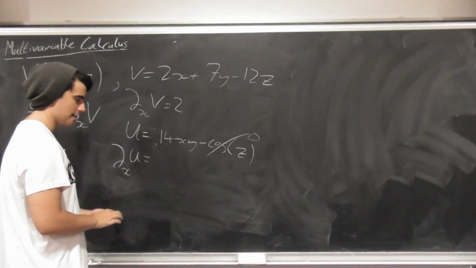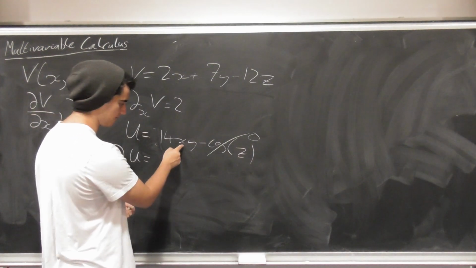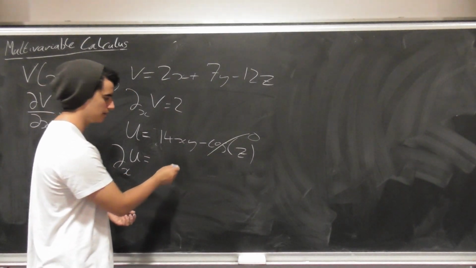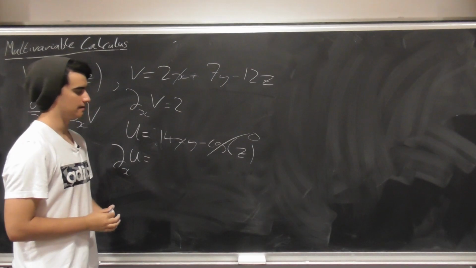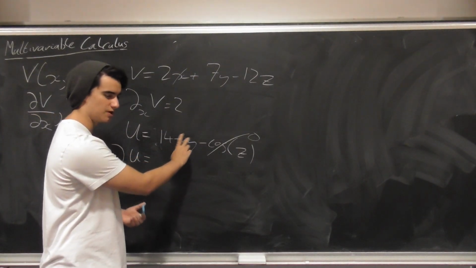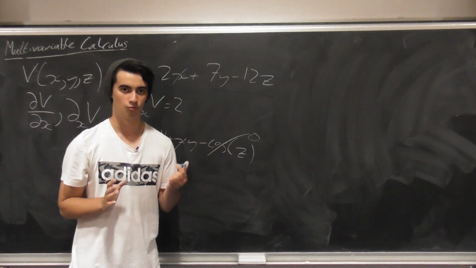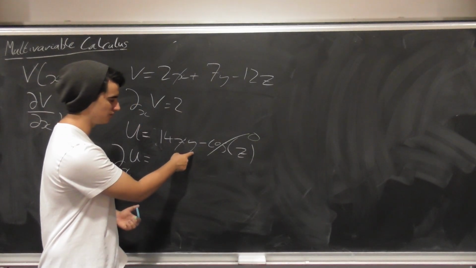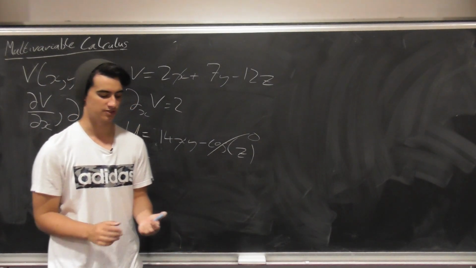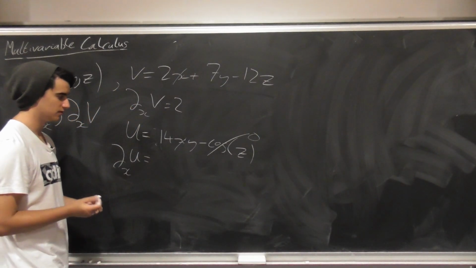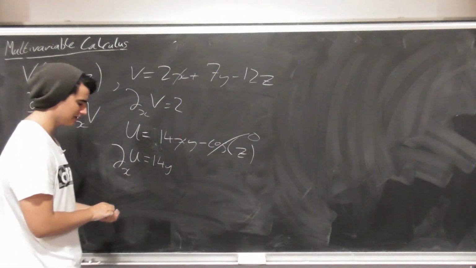We don't care about that. We'll know that when we have a single x by itself, that will go, like we had here. But now we might not be sure what to do with this y, but remember that we're keeping y constant. It's just as constant as the 14. It's practically the same thing as far as we're concerned. So we'll get 14y as our answer.